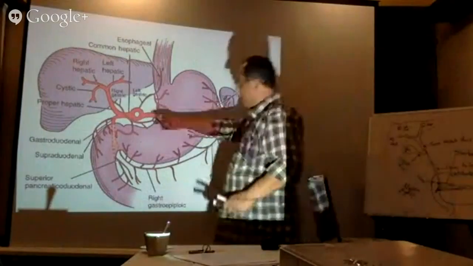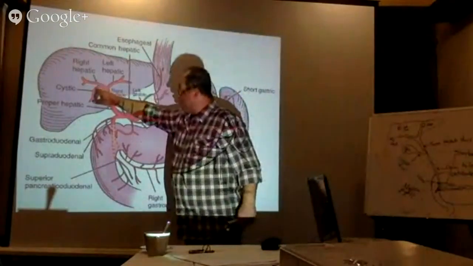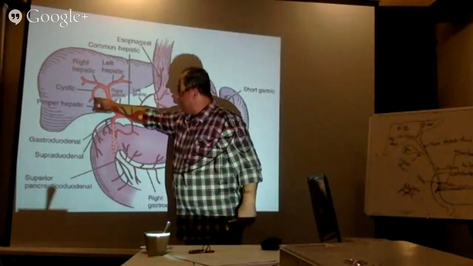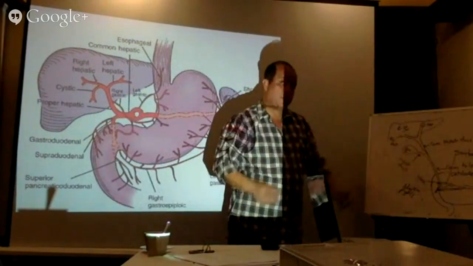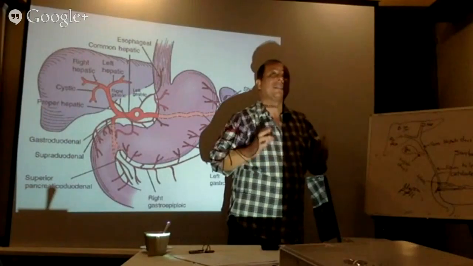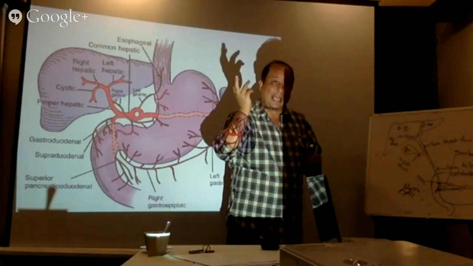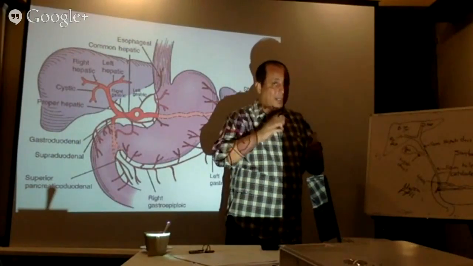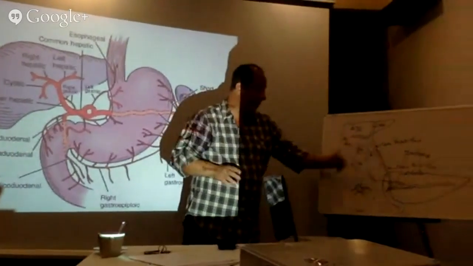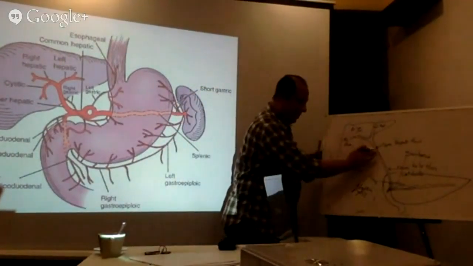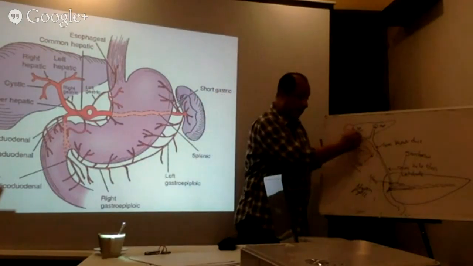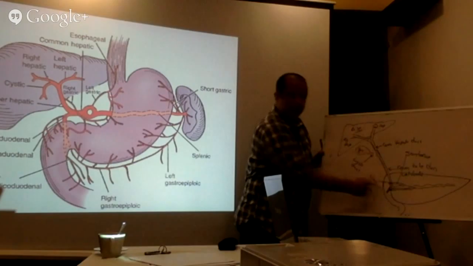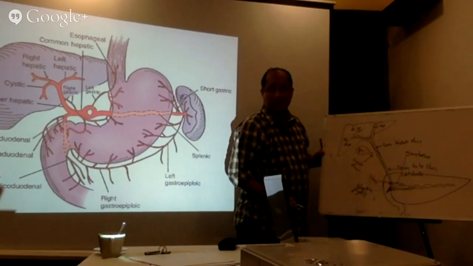You see here it comes from the right hepatic, the cystic, and this gives blood supply to the gallbladder. So whenever we do a cholecystectomy, we have to ligate the artery in order not to bleed, and we have to ligate the cystic duct, and we can remove the gallbladder. So the bile goes directly to the second part of the duodenum.